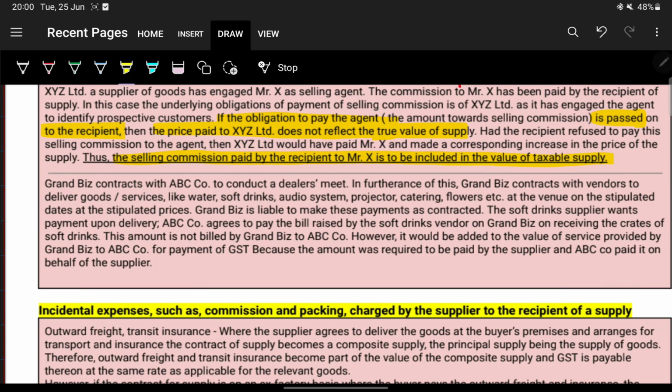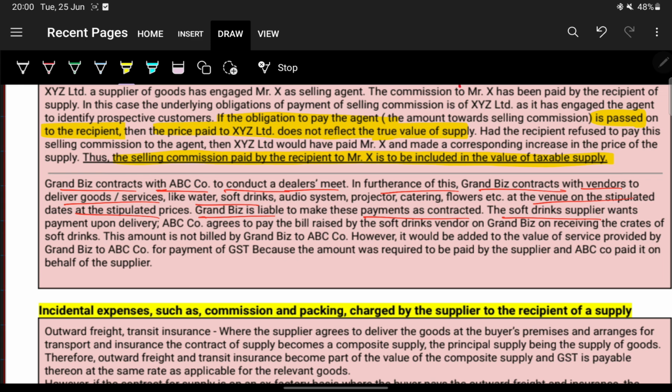Now here Grant Biz contracts with ABC company to conduct a dealer's meet. In furtherance of this, Grant Biz contracts with vendors to deliver goods and services like water, soft drinks, and an audio system at the venue, by stipulated dates at stipulated prices. Grant Biz is liable to make these payments as contracted.